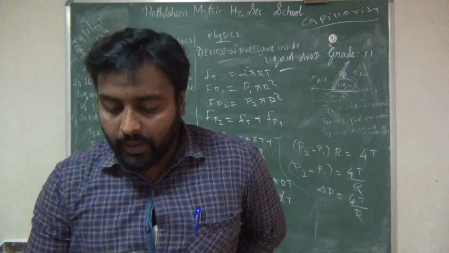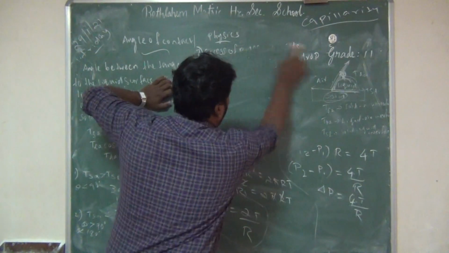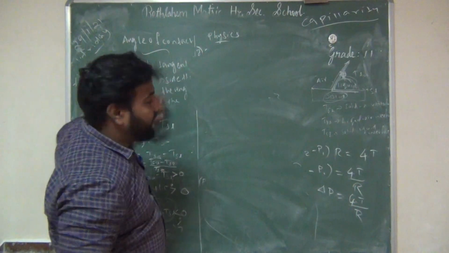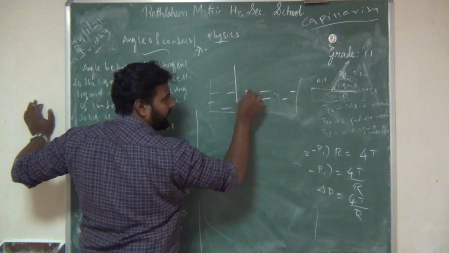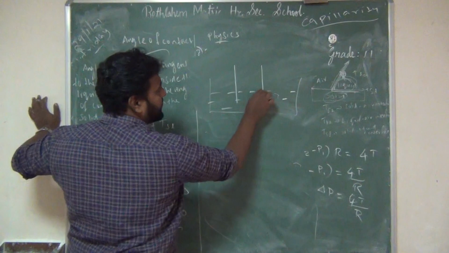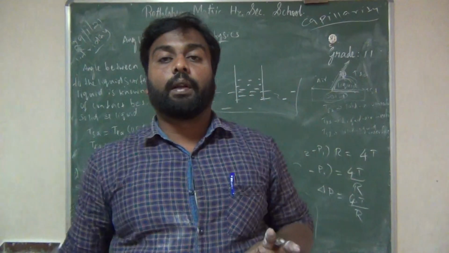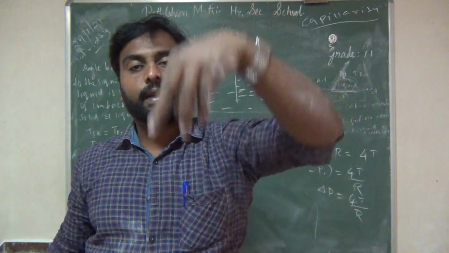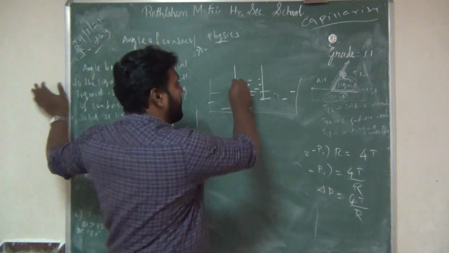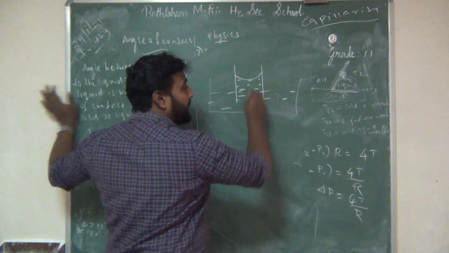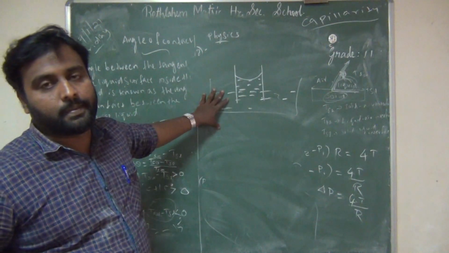So here, suppose like this on a water surface, if you are keeping a capillary tube, which is open at both ends, inside the water, what happens is that you can see the liquid level inside the capillary tube rises more than the water level on the surface.